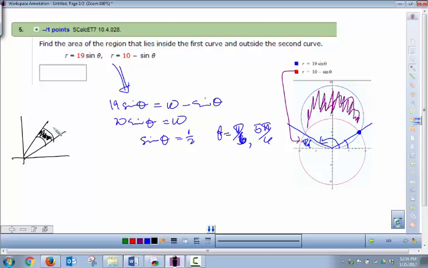If you have two radial distances, R1 and R2, the area of just this shaded region should be 1/2 R2 squared theta minus 1/2 R1 squared theta.